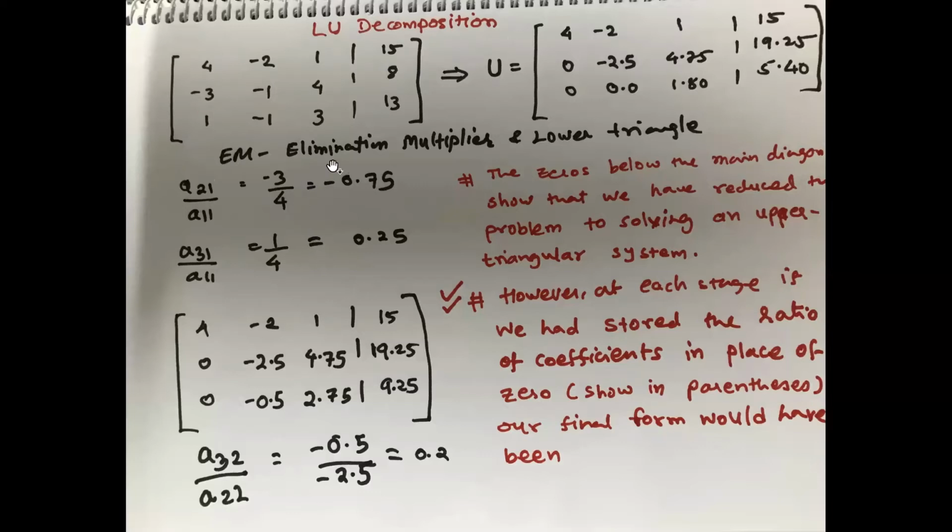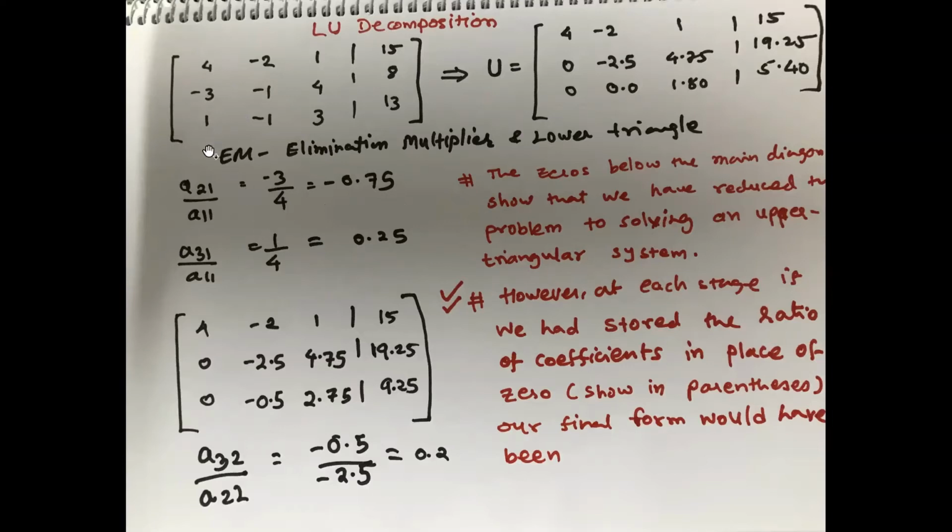This is called the elimination multiplier. To eliminate the members minus 3 and 1 from the second and third rows, we write this coefficient A21 divided by A11, that is minus 3 by 4, and if you calculate, it turns out to be minus 0.75.